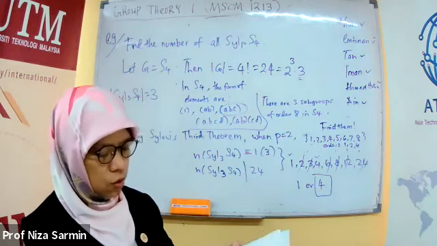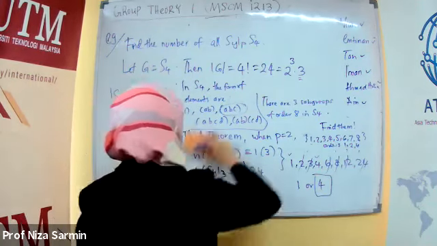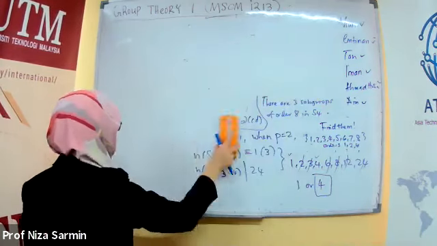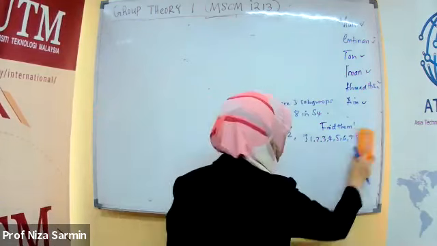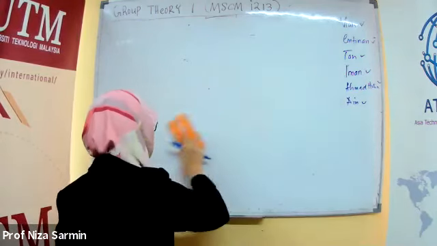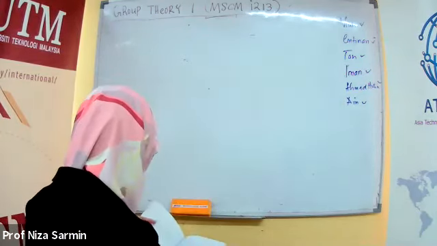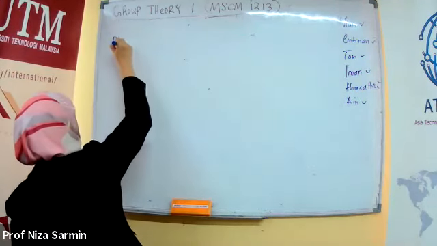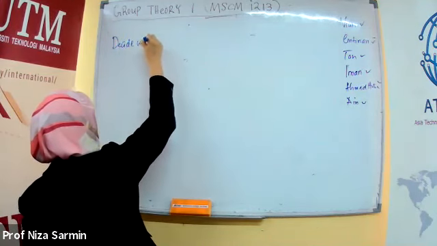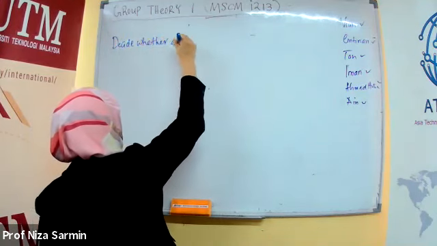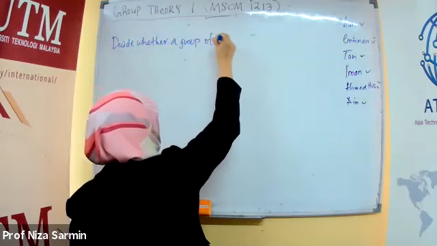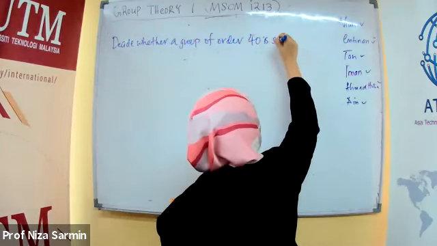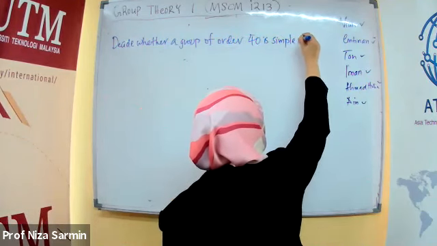Okay, let's do this one example. Decide whether a group of order 40 is simple or not.